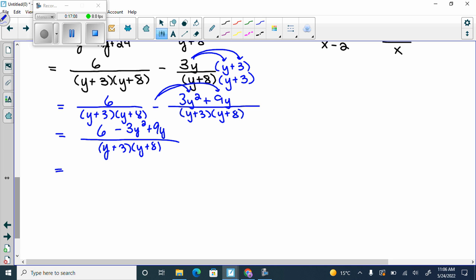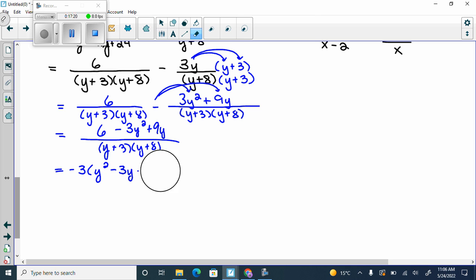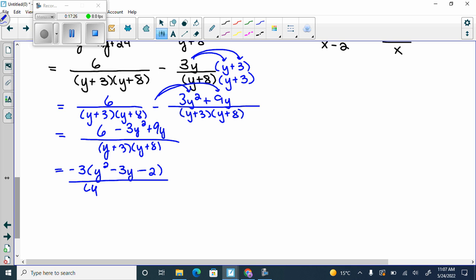We can't collect any like terms. But we can try and take a 3y out. I'm going to take a negative 3 out. And then I'm going to be left with y squared minus 3y minus 2. And I can't factor that at all. So I just state my NPVs.